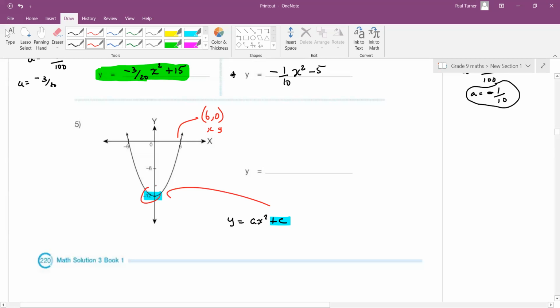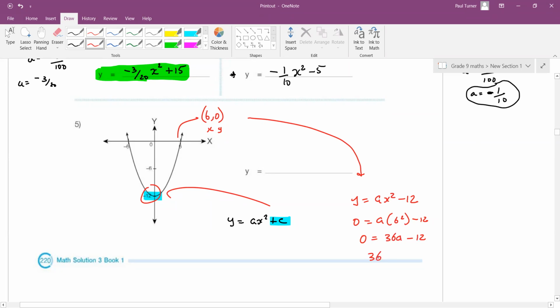So C is minus 12. So we have y equals ax squared minus 12 for the y-intercept. We will use the point 6, 0 in here. So we'll have 0 equals a times 6 squared minus 12. 0 is 36a minus 12.